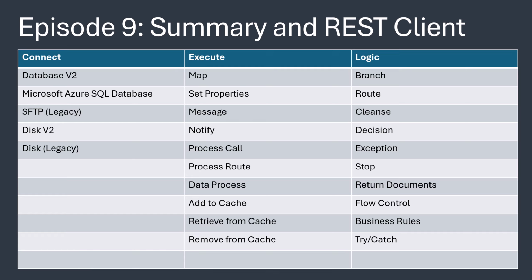Then execute, map, set properties, message, notify, process call, process route, data process, add to cache, retrieve from cache, remove from cache. And logic steps: branch, route, cleanse, decision, exception, stop, return documents, flow control, business rules, and try catch.